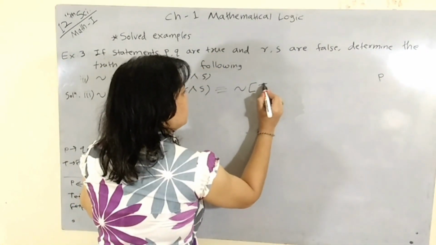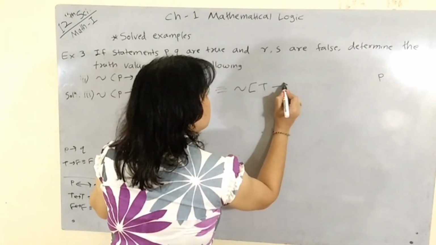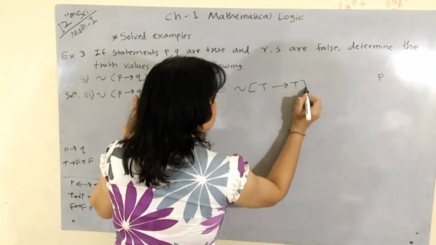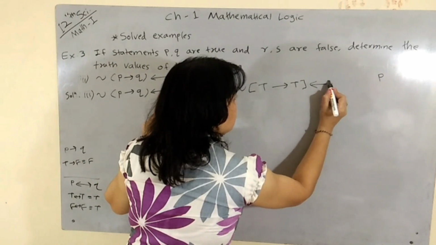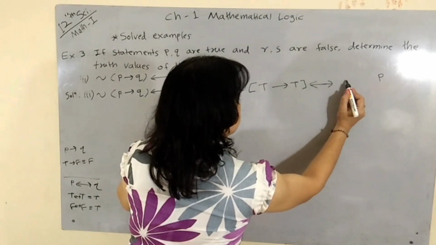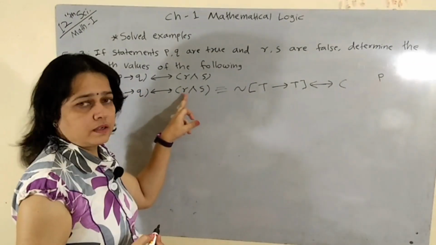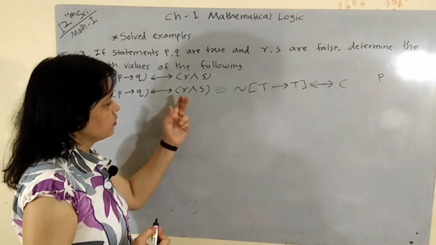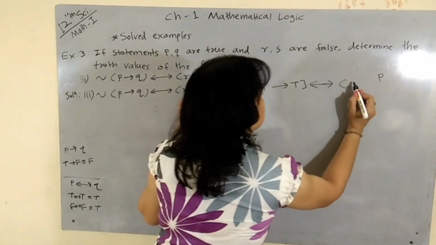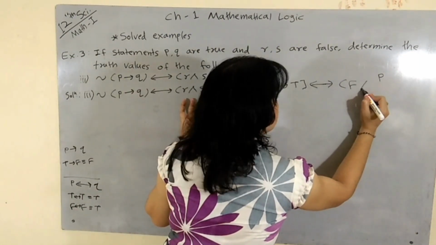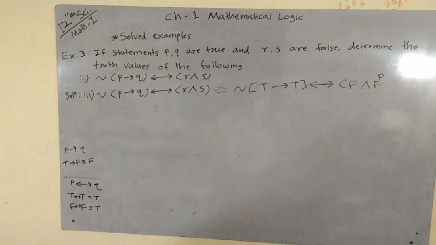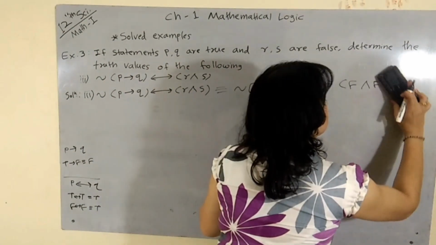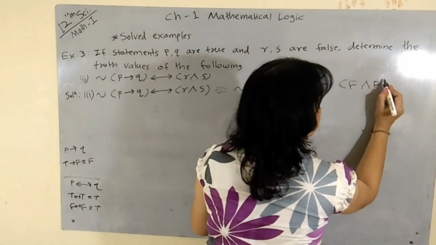Therefore truth, biconditional, R and S both have truth value false. And false. False and false.